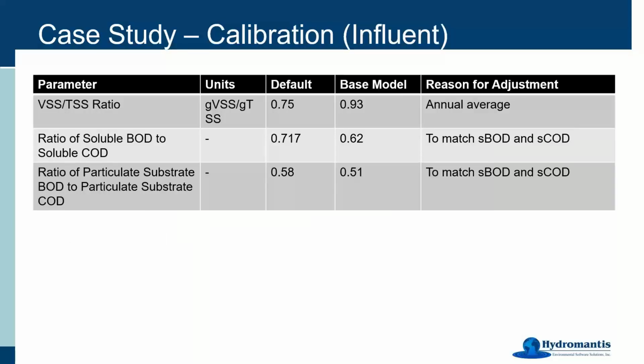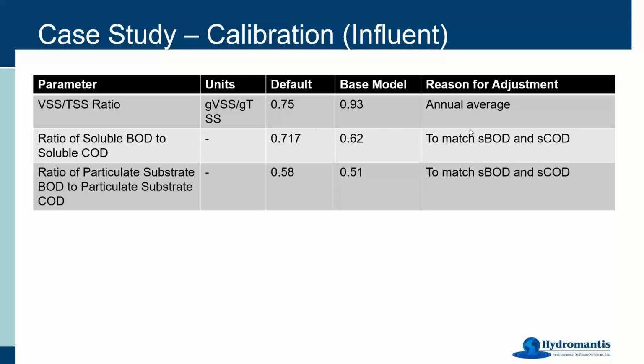So after the model was set up, the first step in calibrating the model was to characterize the influent. The plant actually had a quite extensive sampling program, and we got a lot of data to calibrate with. The parameters that we changed in the influent characterization are listed here in this table.